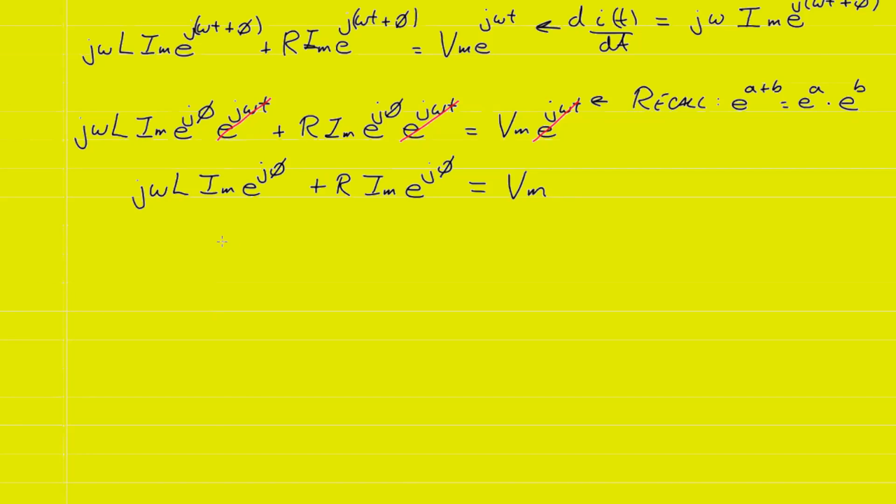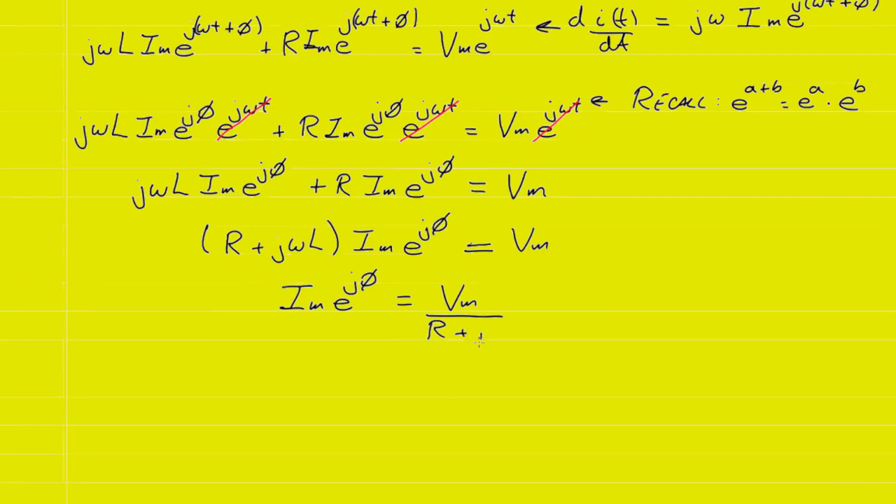Now we can group like terms together, and write R plus j omega L times Im e to the j phi equal to V sub m, and we can solve for the unknown magnitude and phase of our current: Im e to the j phi will be equal to Vm over R plus j omega L. I can find the magnitude of this function to be simply Vm over the square root of R squared plus omega squared L squared.